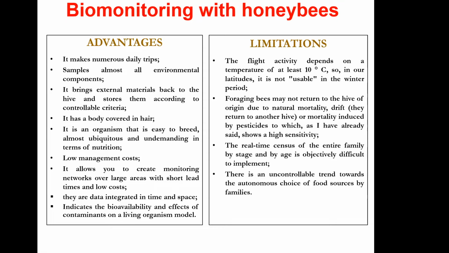On the other hand, we have some limitations, of which the most important is that the flight activity is strictly influenced by temperature, which must be at least 10 Celsius degrees. So this prevents the monitoring of the winter period, because the temperature is lower.